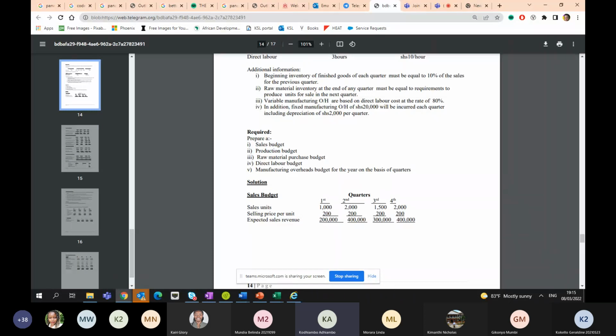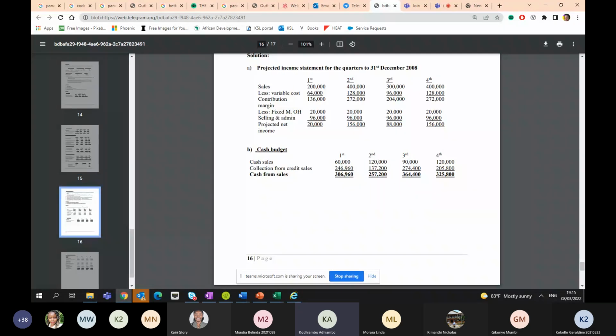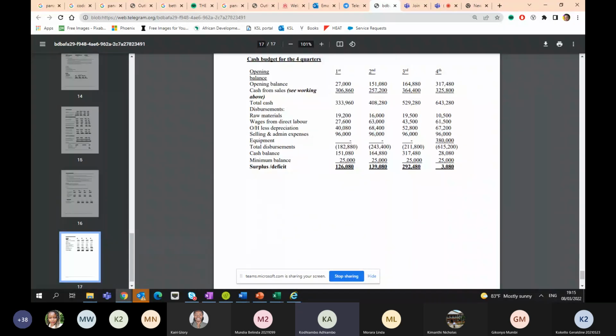Fixed overhead of 20 was incurred, including depreciation of 2. If you're doing this in an exam setting, just cross out something after you have worked on it totally, so that you can always go back to your numbers before you close the question. So here, that overhead less depreciation is what we have, whereas before they were just asking about overhead, but now we have removed the depreciation.